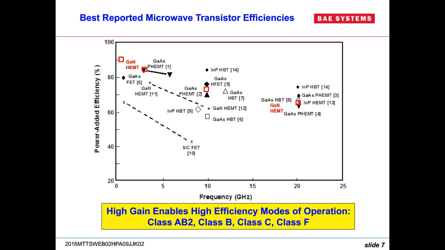And that doesn't tell the whole story, because GaN runs at a much higher voltage for a given power output and much lower current. So your impedances are higher, your bandwidths will be greater, your matching losses will be less. So there's an additional circuit benefit of GaN technology.